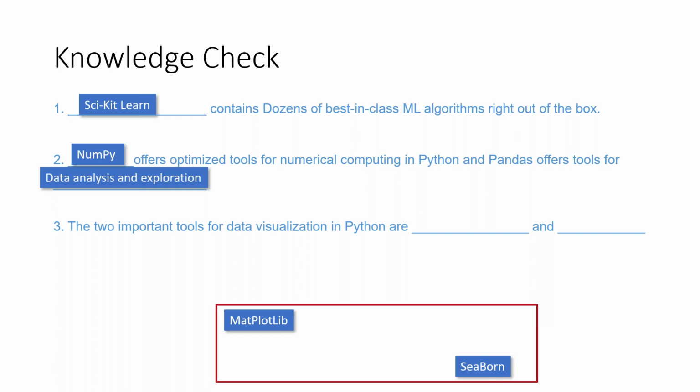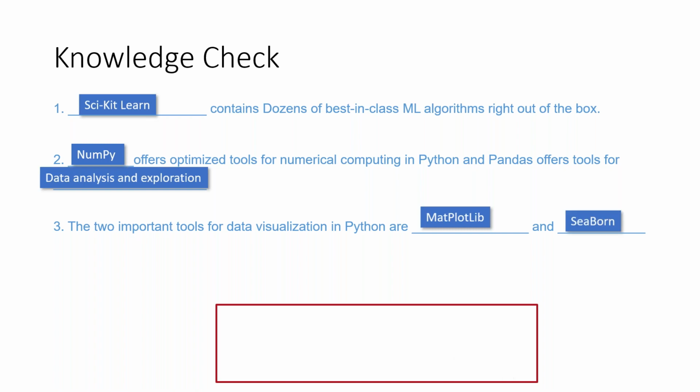Very good. Now the third question, the two important tools for data visualization in Python are dash and dash. Anyway, two only are left. So basically Matplotlib and Seaborn, these are the data visualization tools in Python. We use them very heavily as we build ML projects or data science projects.